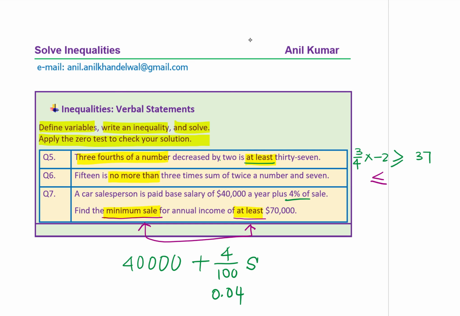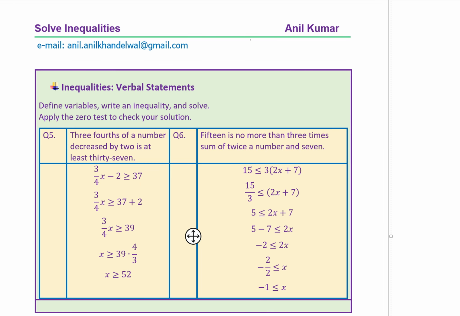And this income should be at least, means it could be 70,000 but greater than or equal to 70,000. Do you see how we wrote the inequality? That's important to write. Once you write the inequality, as in the earlier examples, you can solve it. But the critical step is to first get the inequality itself. Perfect. So let's move forward and see how to solve these questions.